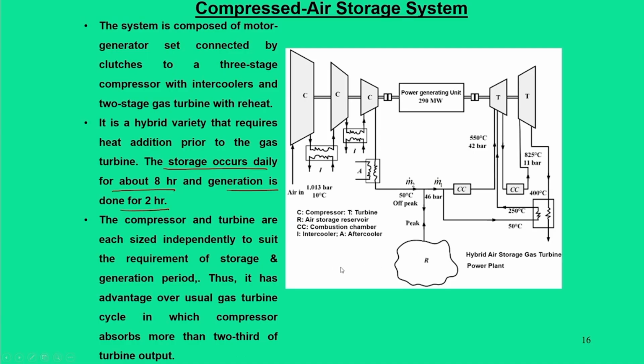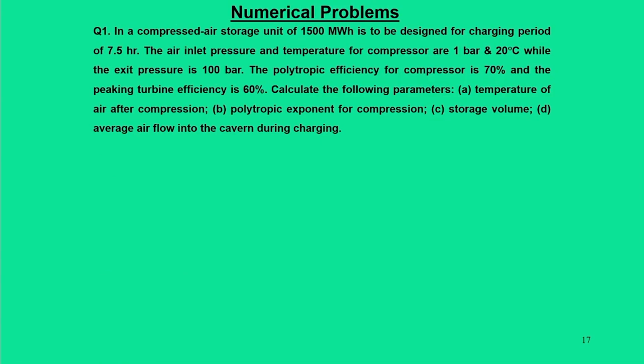So, this is all about compressed air storage systems, which are a very fundamental requirement for any kind of power plant operations, and they fall under renewable energy because we do not spend any extra cost developing the systems.